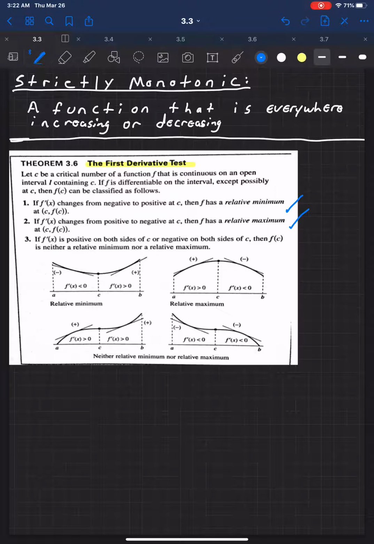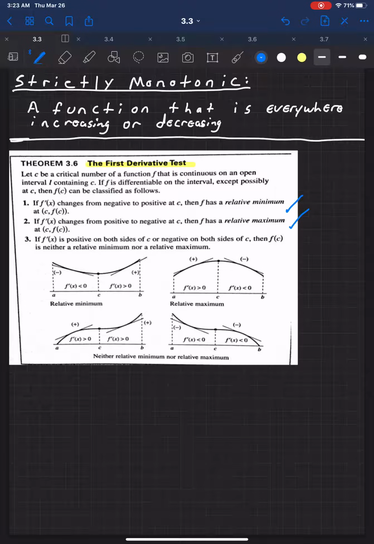The other thing that we require is that the function has to be differentiable on the interval, except possibly at the critical number. It doesn't have to be differentiable at the C value, but you have to be able to take the derivative throughout the entirety of the function. But if we meet these conditions, then we get to make a statement about f of c.